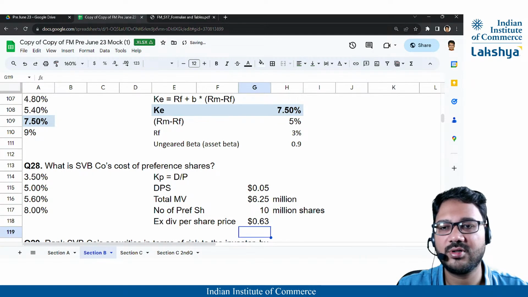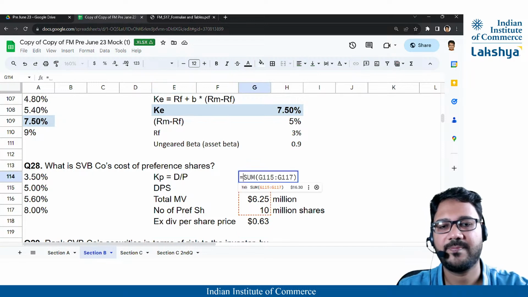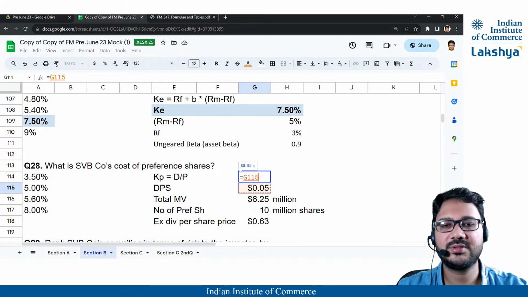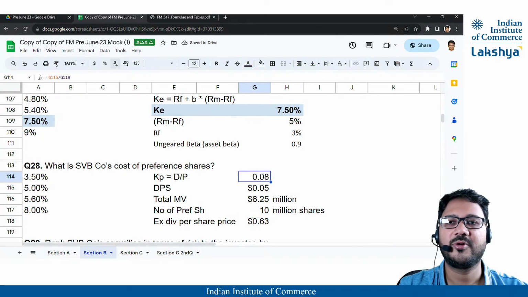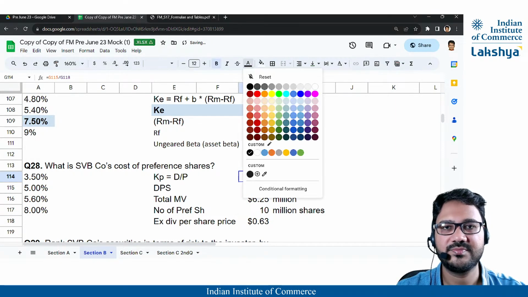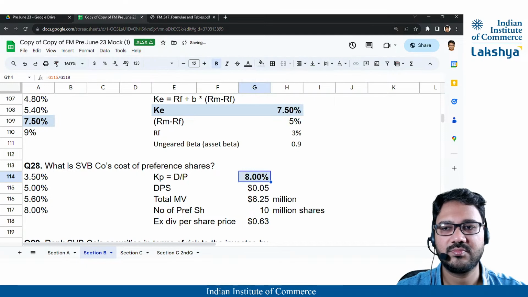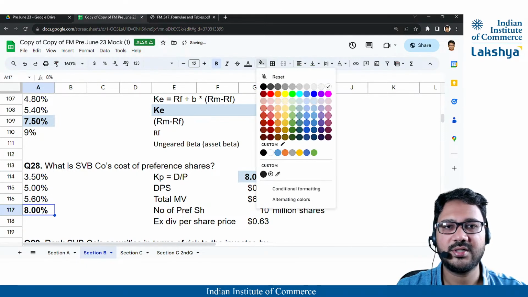So KP will be dividend per share divided by ex dividend price, which is 0.008, which is 8%. So 8% is the correct answer.